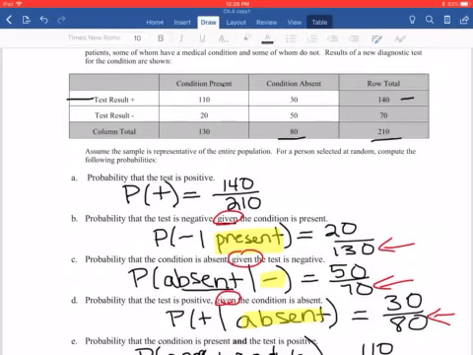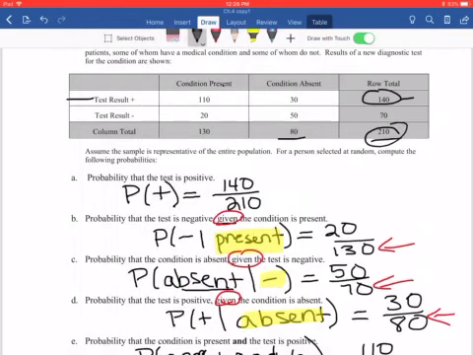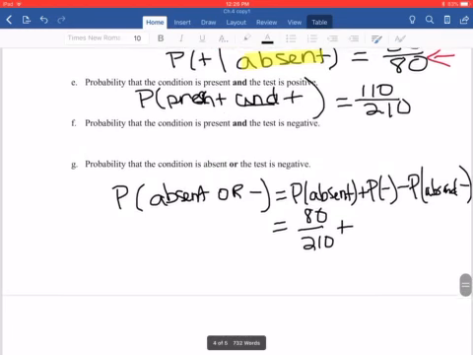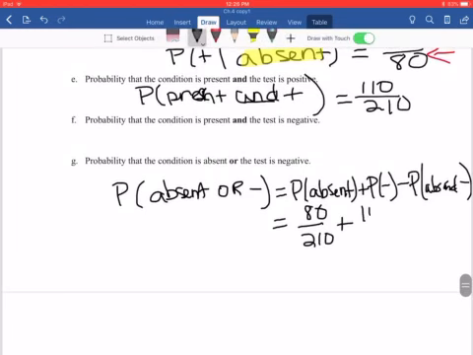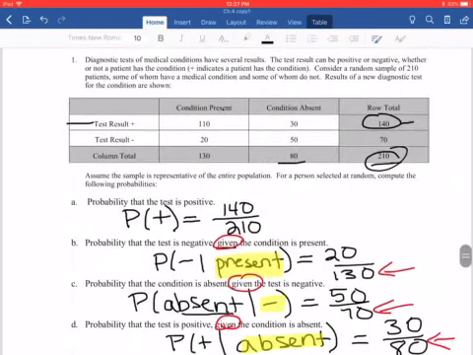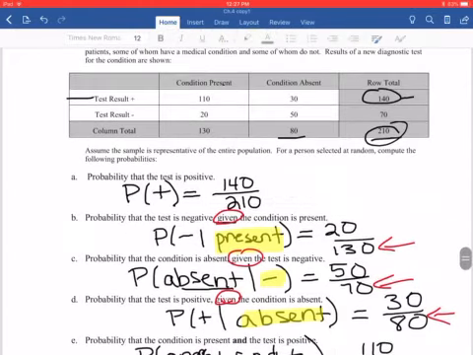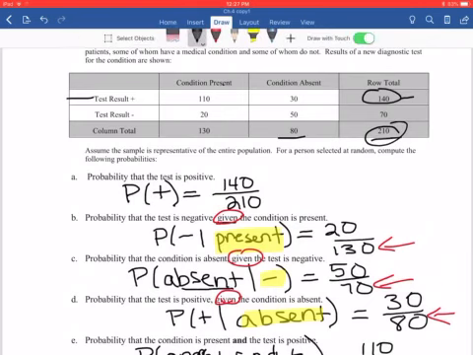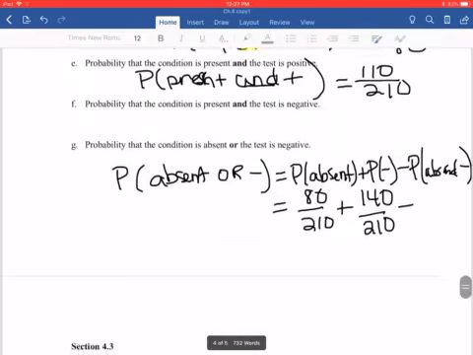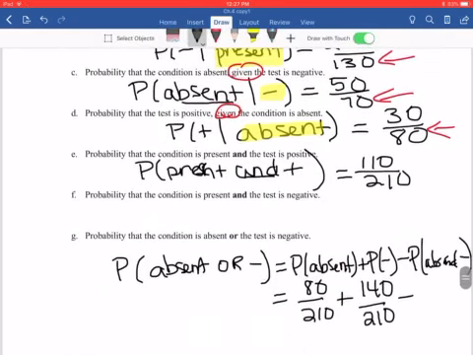Do you see that? Now we need to subtract the probability that's absent and negative. So we look for absent and negative, it looks like 50 out of our 210. Remember, the and is always out of the 210.